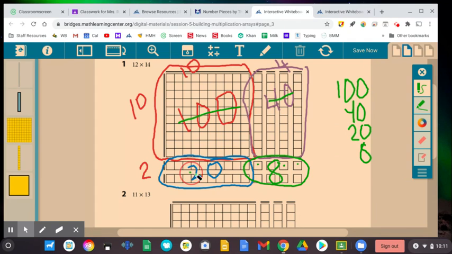Here's our 20. Here's the 8. And adding that up. 0 plus 0 plus 0 plus 8 is an 8. That 8 isn't looking so good. Then a 20 plus a 40 plus a 20 is a 60. And then a 100 plus nothing gives us 168.